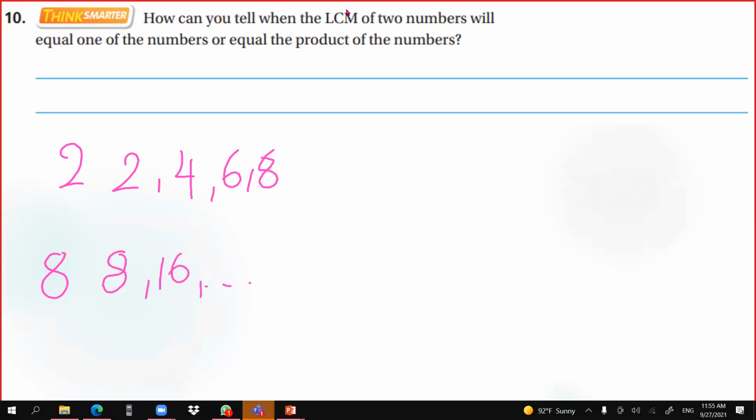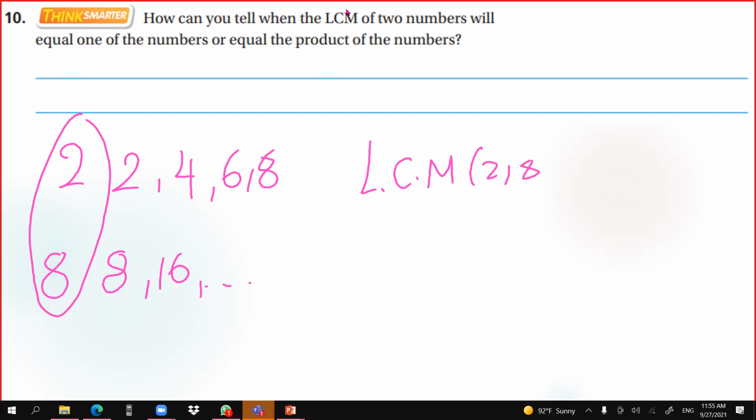Now they told me that if I asked you to find the least common multiple of 2 and 8, and if you look at number 8, 8 is a multiple of 2, so the least common multiple will be one of the numbers, it will be 8.